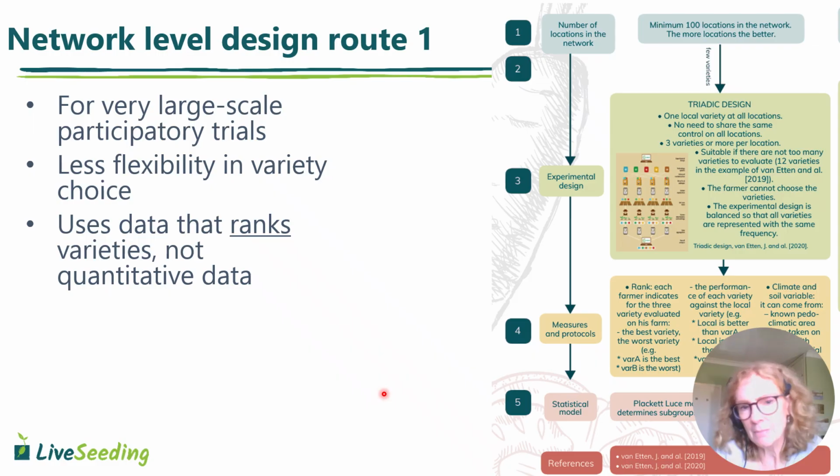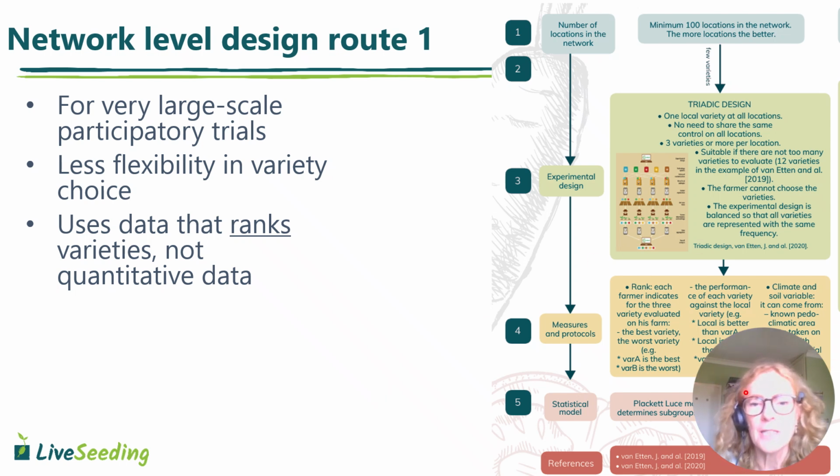That's not the same as scoring or measuring something quantitative. It's about putting the varieties in order. It's about just looking at them and saying, this one was better than this one, worse than this one, and asking the farmers to rank them.